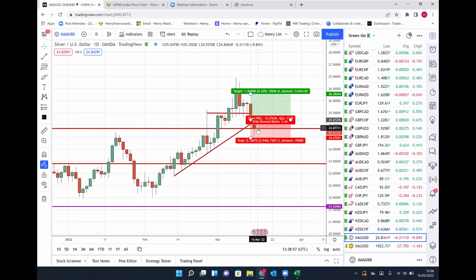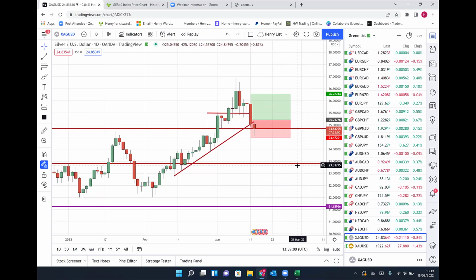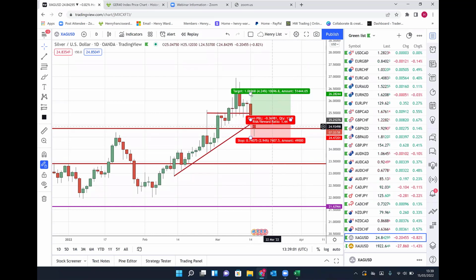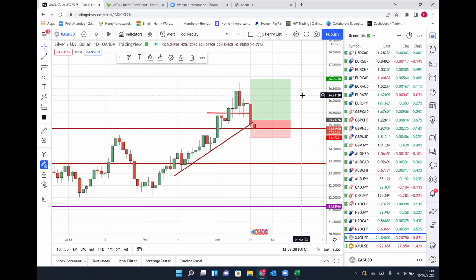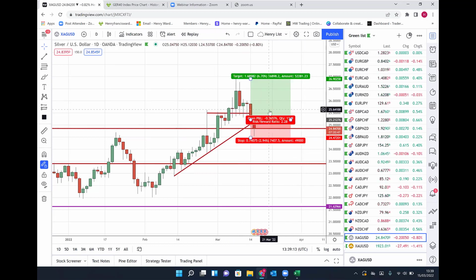So that in itself is pretty good confirmation. For us to hit this high here, 3% is a 2 to 1 to hit this high. So there is a bit of risk to reward there.